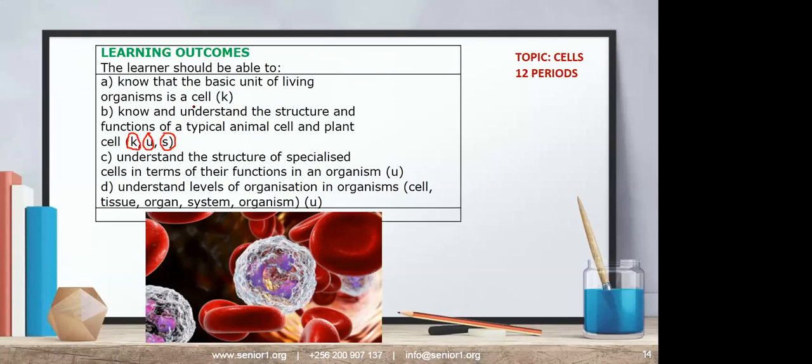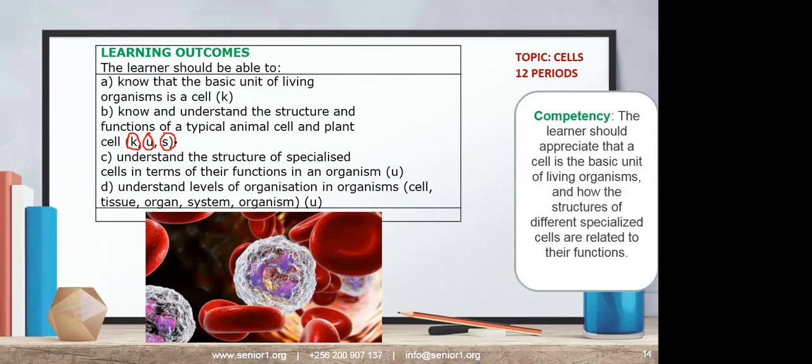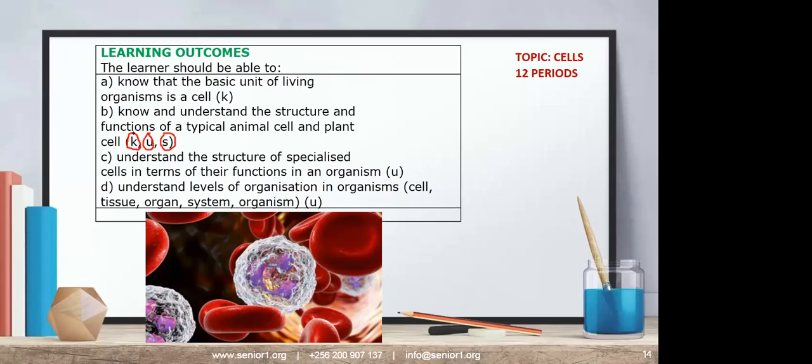So in each of what we call a learning outcome in this new curriculum, certain learning outcomes will require you to develop knowledge, that is, you can remember what something is all about; understanding, that is, you can explain and describe, and give more detailed information; and skills, that is, for example, you can manipulate. So here we shall have to interact with microscopes so that we can see cells.